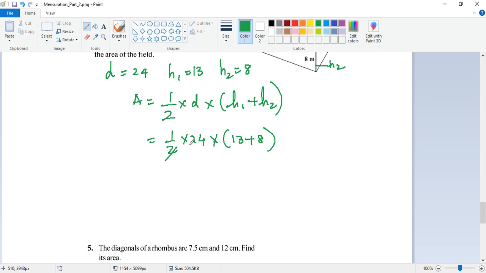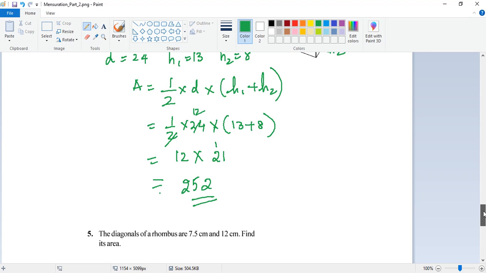So 2 12s are, so you get 12 into, this is going to be 21, right? Okay. After this, we just have to multiply this. 21 into 12. So 12 ones are 12, 12 twos are 24. Okay. So that is the thing. This is going to be meter square or centimeter square.